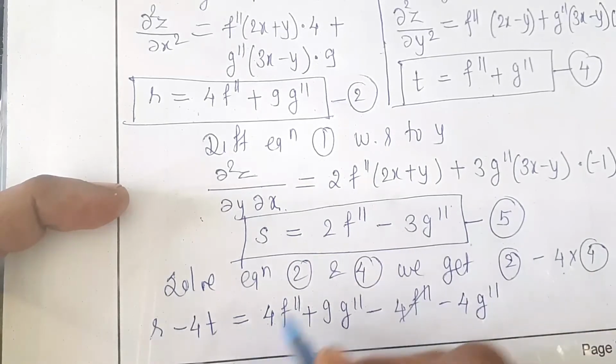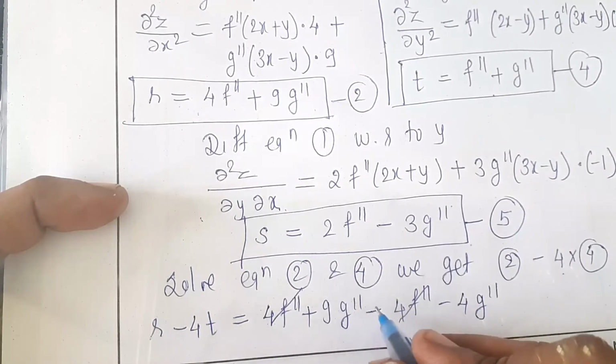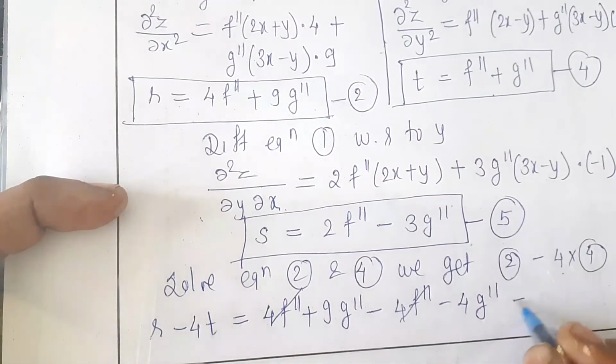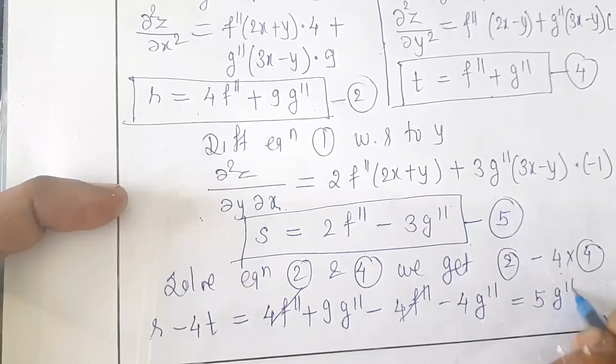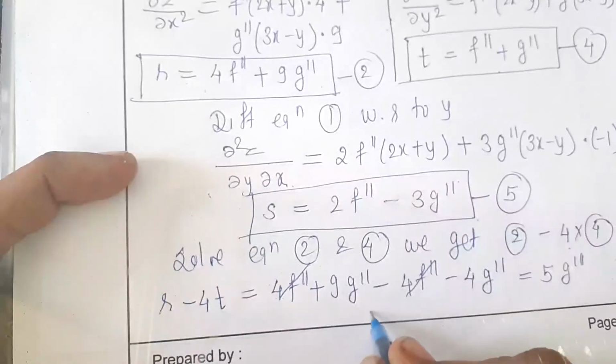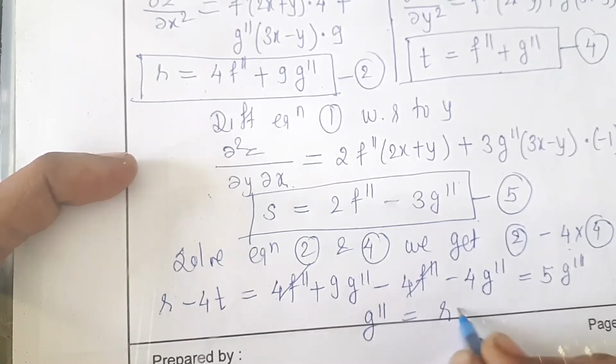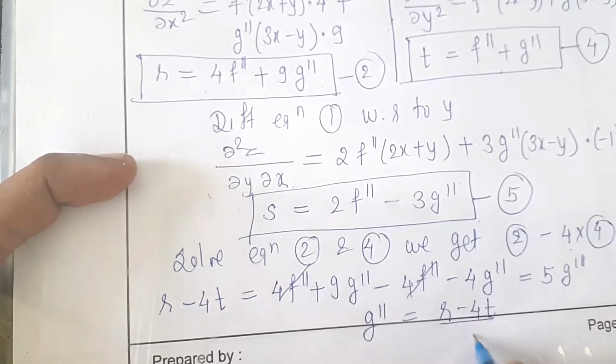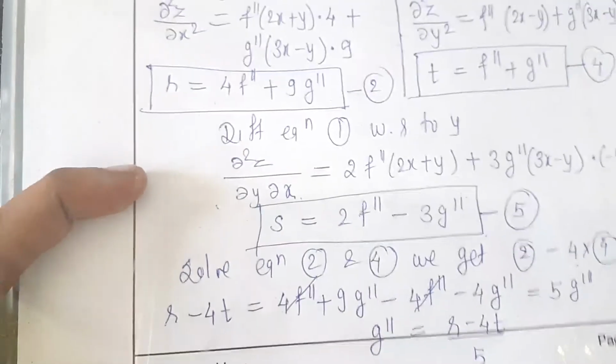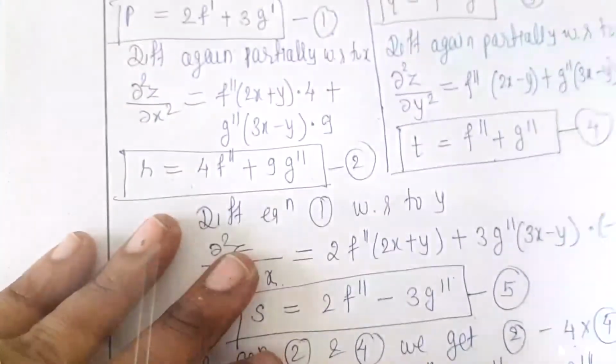You can solve here simultaneously also. So the f double dash gets cancelled. 9 g double dash minus 4 g double dash is 5 times g double dash. So what is the g double dash value? g double dash is equal to r minus 4t divided by 5. This is the value of g double dash.